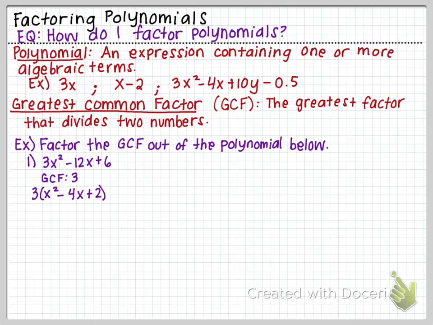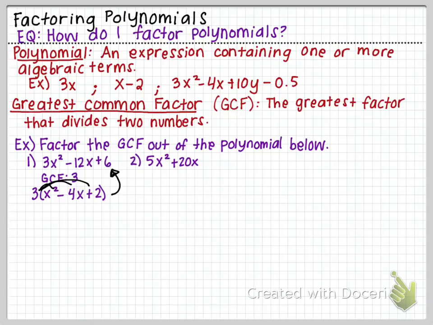So we have to remember that if we were to distribute this back, we need to get this answer. So 3 times x squared is 3x squared, 3 times negative 4x is negative 12x, and 3 times 2 is 6. So we get our original polynomial, okay?